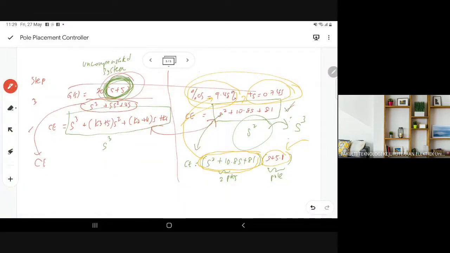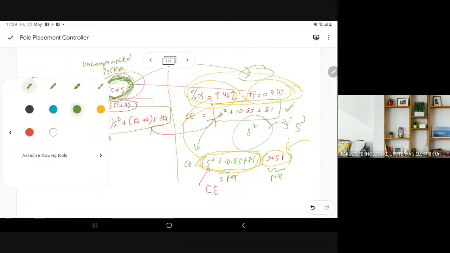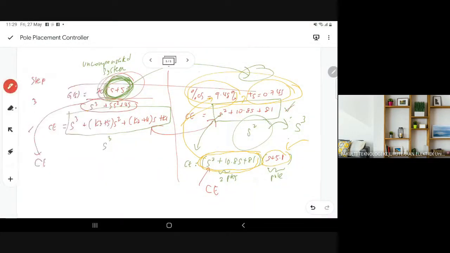And then for the compensated system, we just change the characteristic equation only. However, the poles for the uncompensated system and the compensated system will stay the same. So it means that if the pole location will be the same, so let's say this is our new characteristic equation, right?